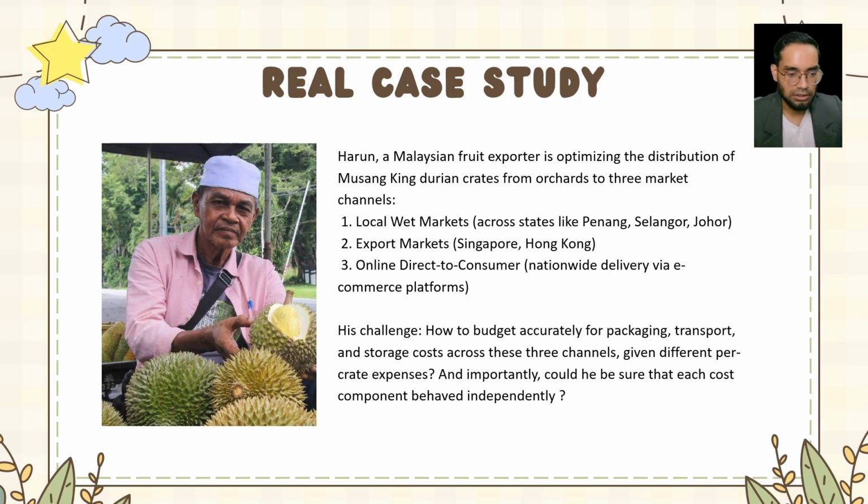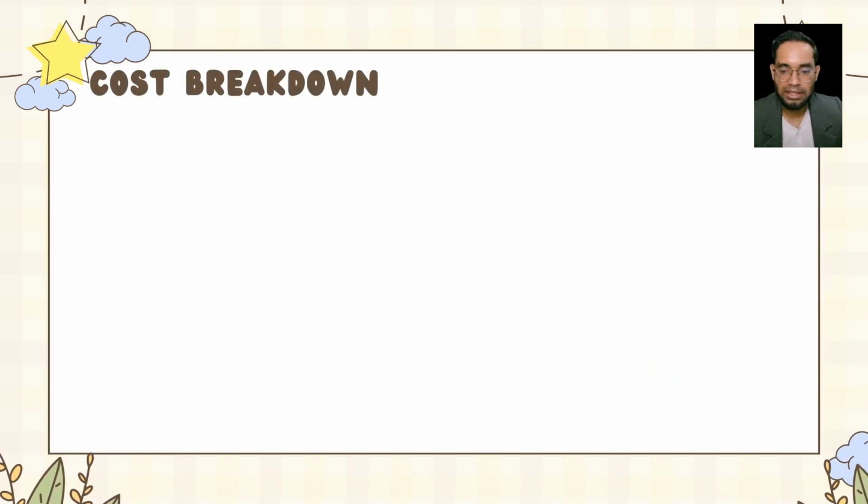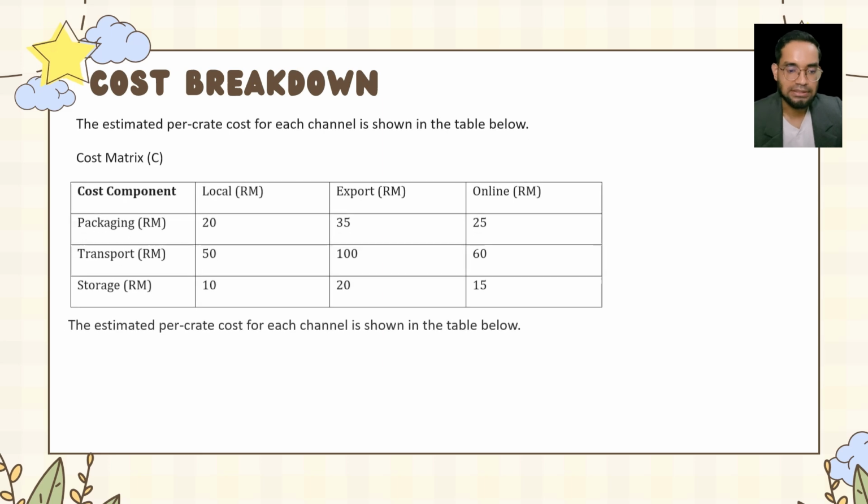So here's the catch. He is challenged with how to budget accurately for packaging, transportation and storage costs across these three channels, given different per-crate expenses, and how he could ensure the cost components behave independently. So we will now create a matrix model to address these challenges, following on the next slide.